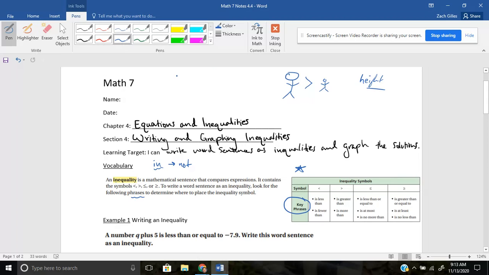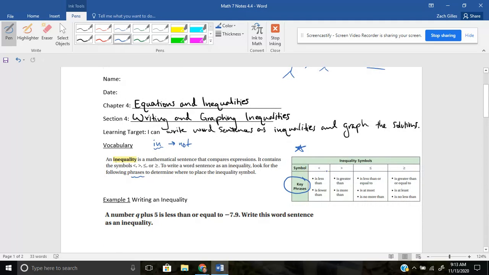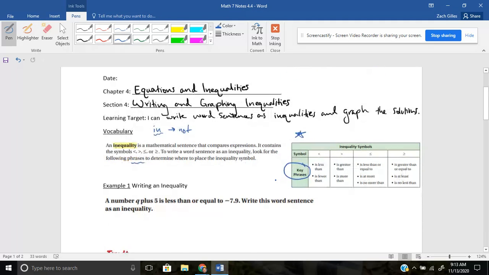Remember the less than symbol: if you kind of tilt your head a little bit, if you were to tilt this symbol a little bit this way, it makes the letter L. So that's how you think about the word less than. And that's how you remember that one's less than and this one's greater than. Okay.